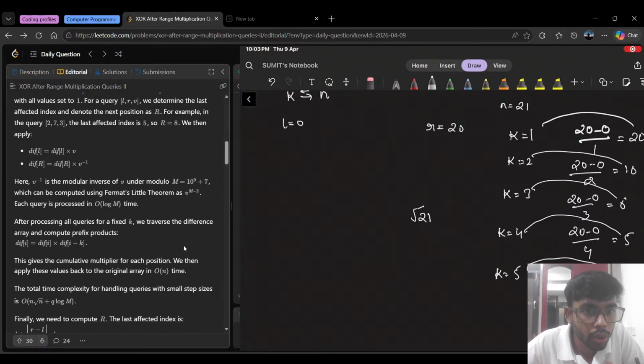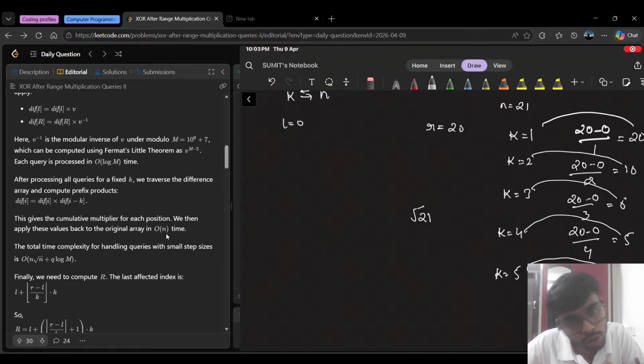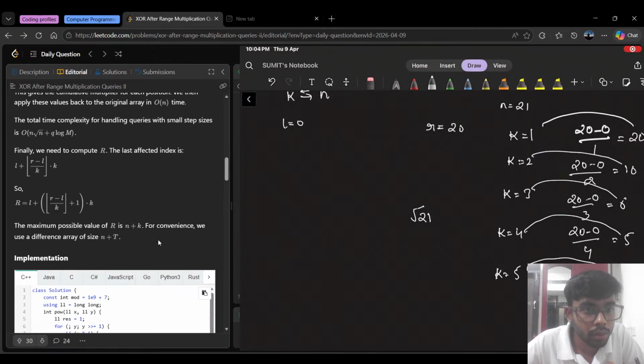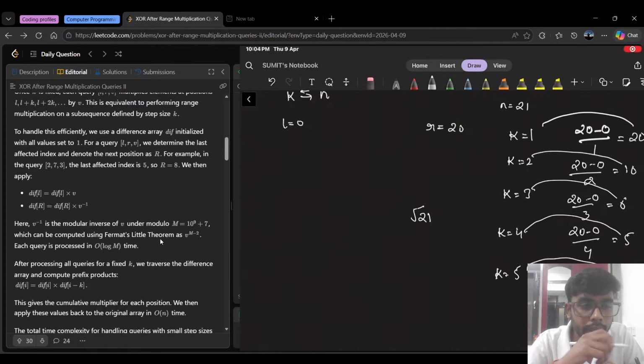After processing all queries for a fixed k, we traverse the difference array and compute prefix products. That gives the cumulative multiplier for each position. So we are grouping all those queries which have the same value of k.